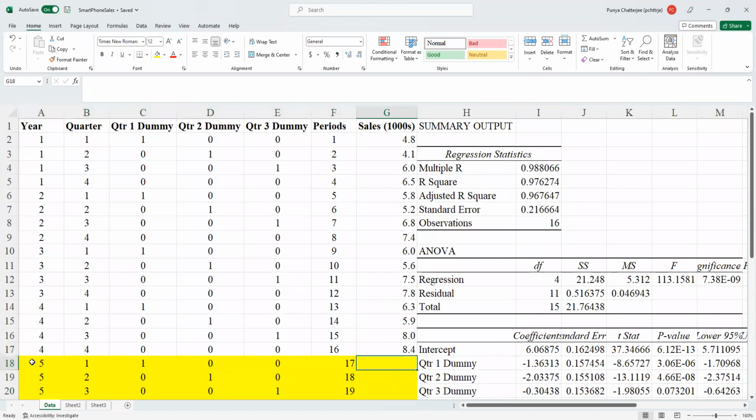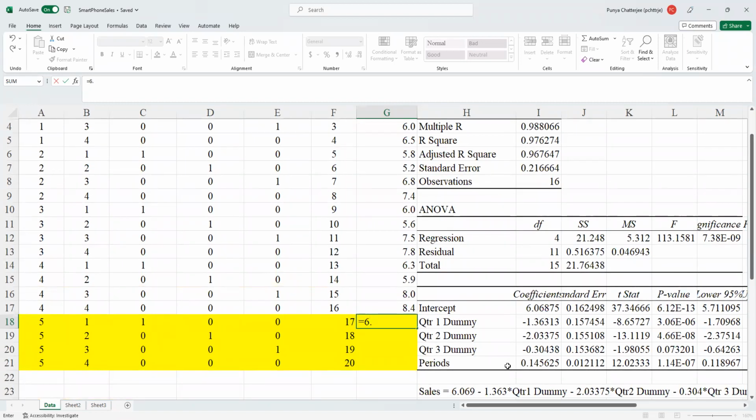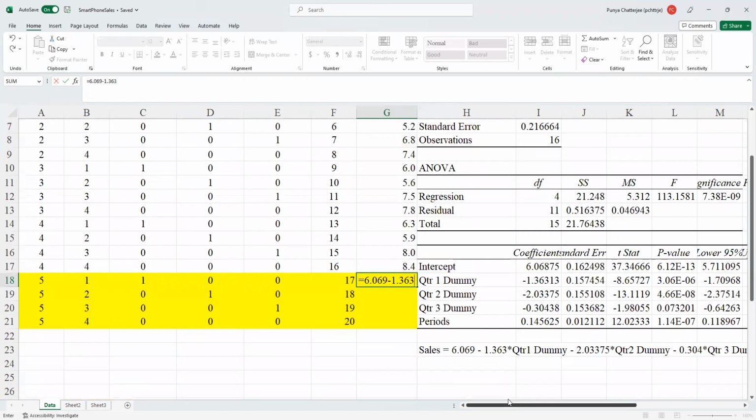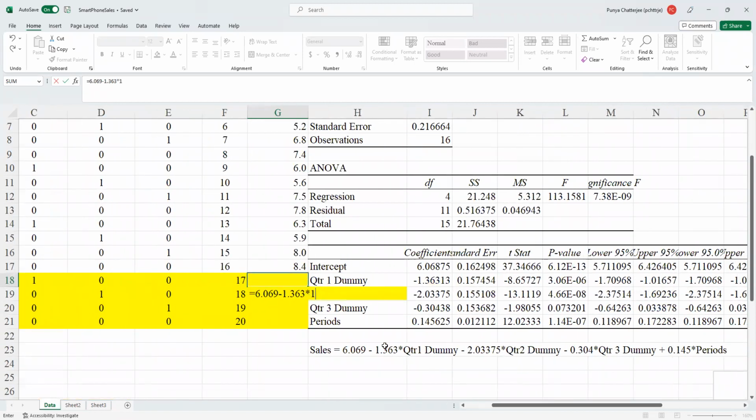What's going to be my sales for year 5 quarter 1? It is going to be 6.069 minus, because it's quarter 1, I'm only including the quarter 1 dummy coefficient, 1.363 multiplied by 1, minus 2.033 multiplied by 0, minus 0.304 multiplied by 0, plus 0.145 multiplied by the period, which is 17.